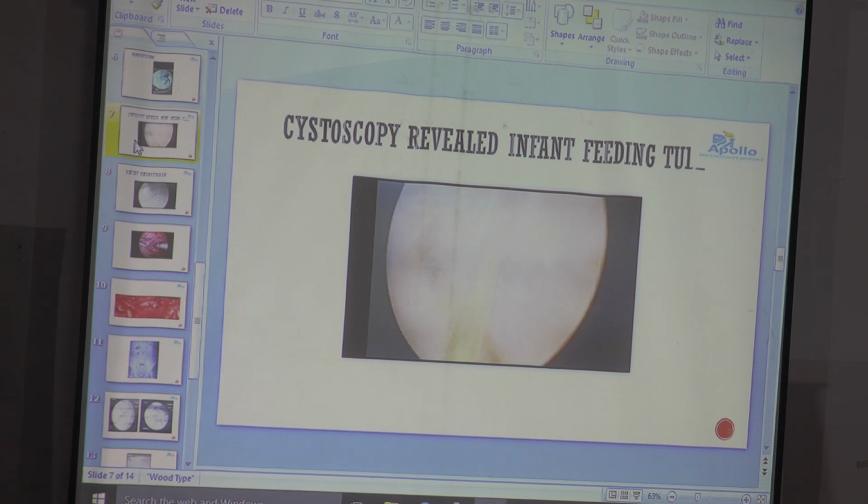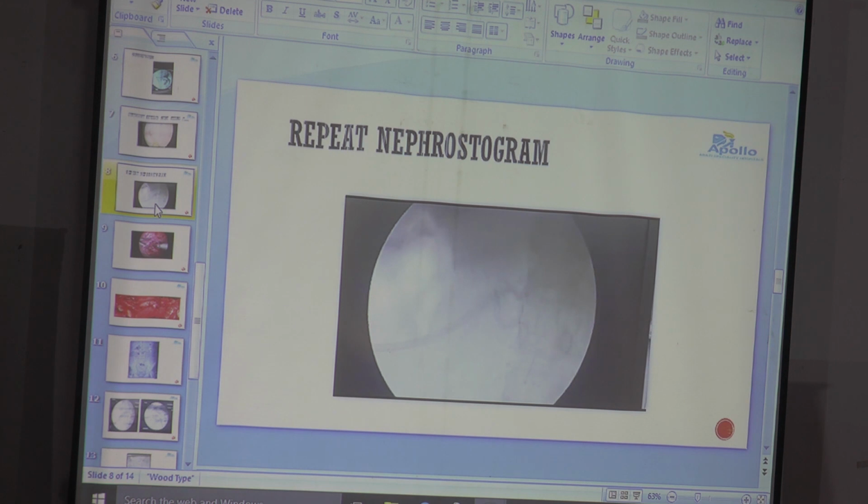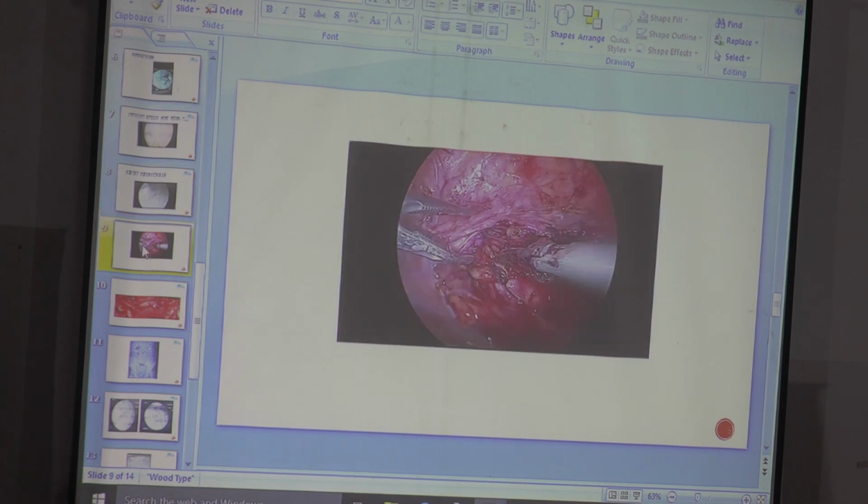And on post-admission day 10, a repeat nephrostogram was done after removing the DJ stent, which again showed right-sided hydronephrosis, a dilated upper ureter, and a definitive contrast cutoff at the level of L5 vertebrae, suggestive of ureteric stricture. So the patient was taken for right-sided laparoscopic ureterostomy.